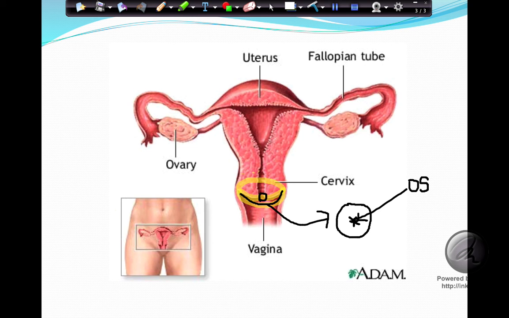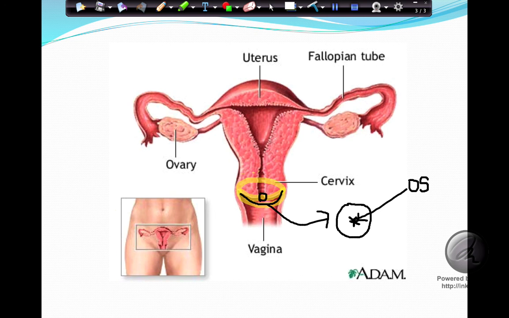The other thing about the os, which we'll look at when we get to the menstrual cycle, is one of the telltale signs that a woman's ovulating is this thinning of cervical mucus. Throughout the month, the cervical mucus is relatively thick, which makes it almost impossible for the sperm to permeate through. The sperm can't get through this thick mucus.